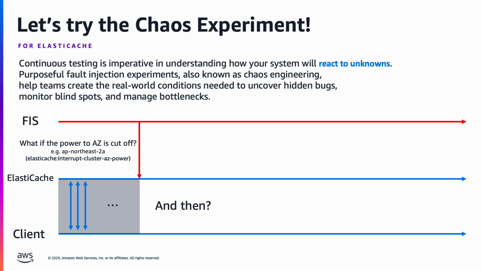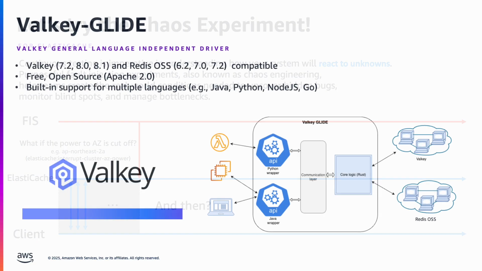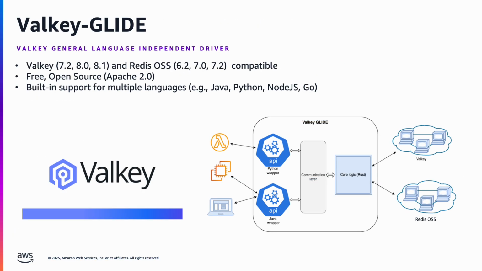Before that, let's go over the Valkey Glide client library that we will use for the experiment. Valkey Glide is an open source client library maintained by the Valkey open source project. It's compatible not only with Valkey, but also with Redis.